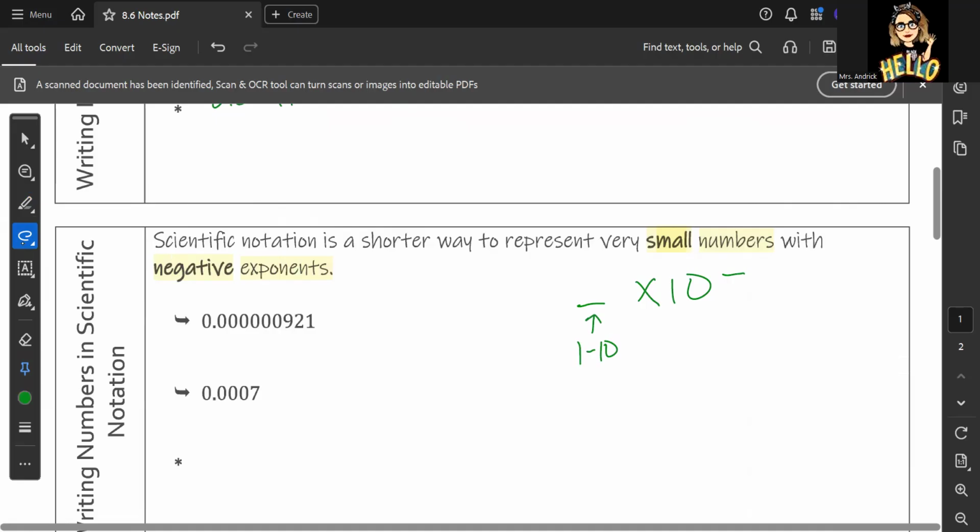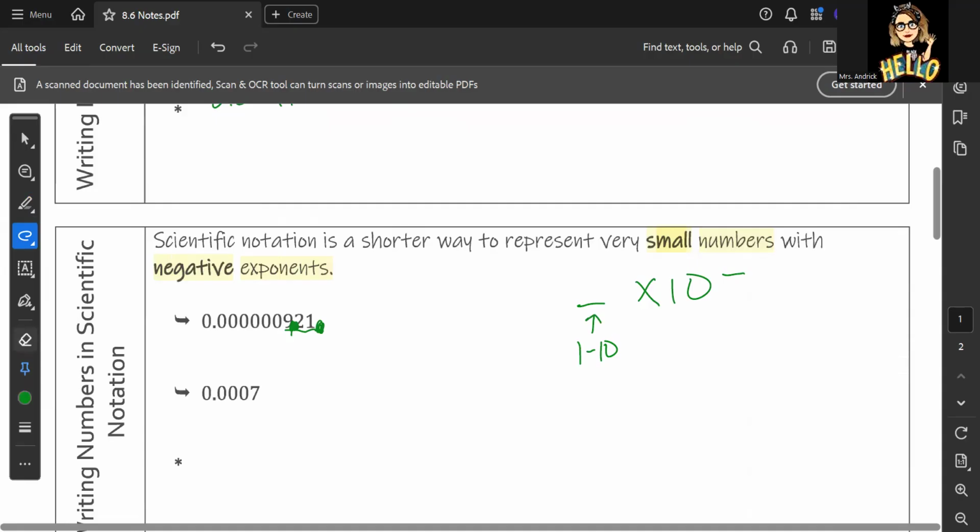So we're given our decimal places. Now we need to figure out where to put it. If we put it all the way at the end here, then my number is 921, which again is too big. So I'd have to put it right here between the 9 and the 2.